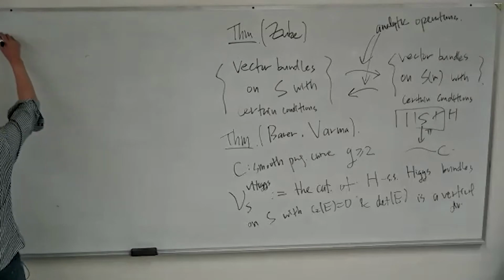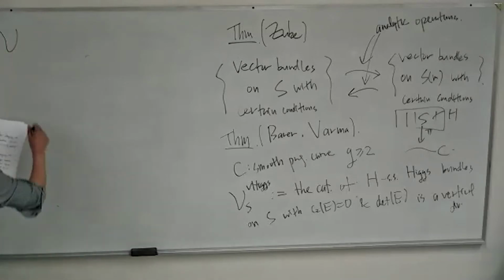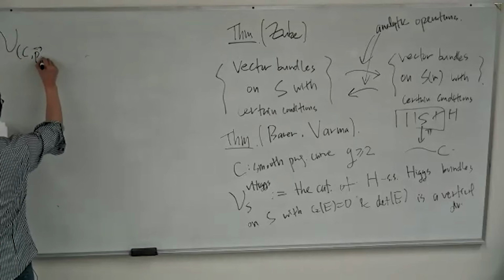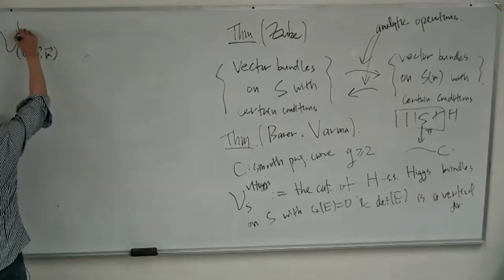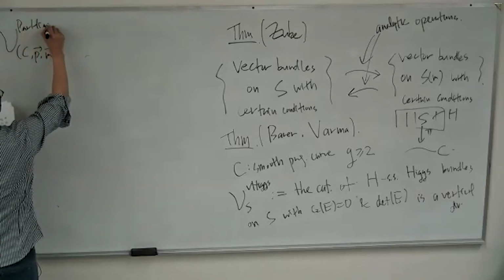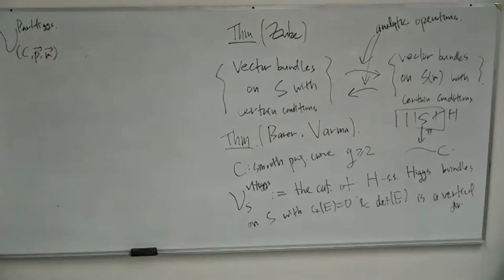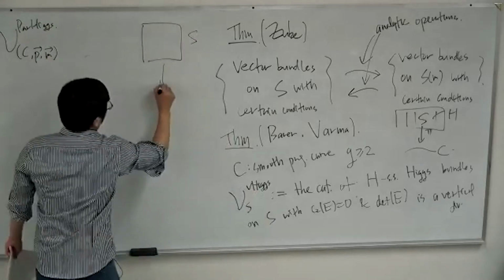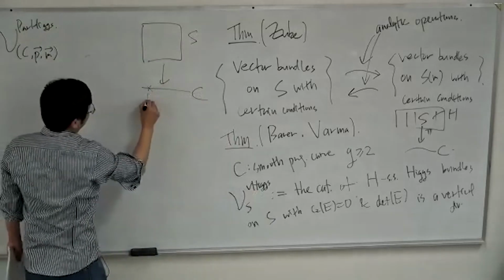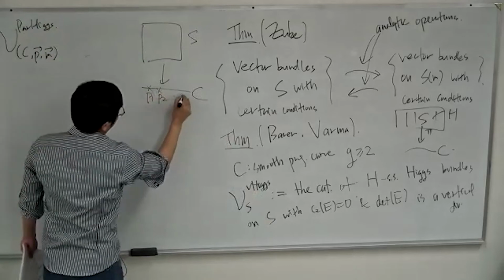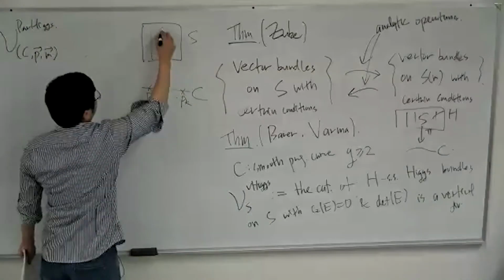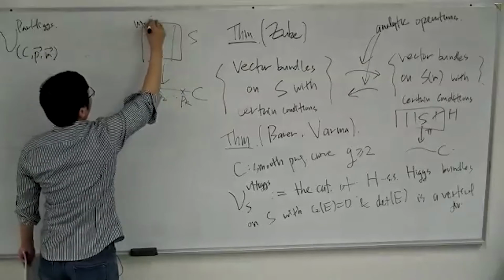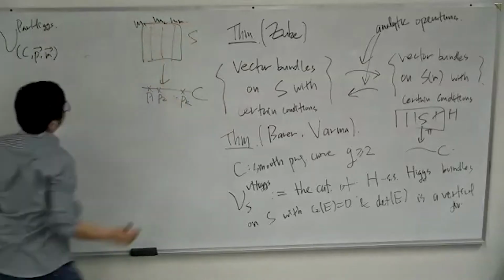For this, they consider another category. So this is the category of parabolic Higgs bundles. I didn't give the definition, but there's a parabolic Higgs bundle on this base curve. So this surface can have several multiple fibers, P1, P2, Pk, and the orders of multiplicity are something like M1, M2, Mk.